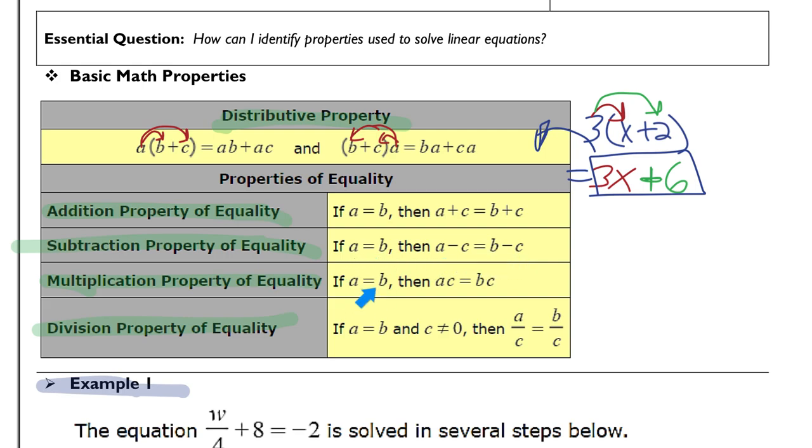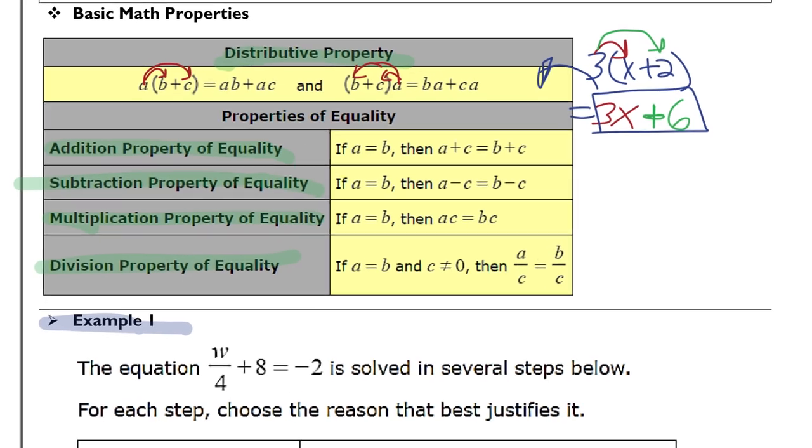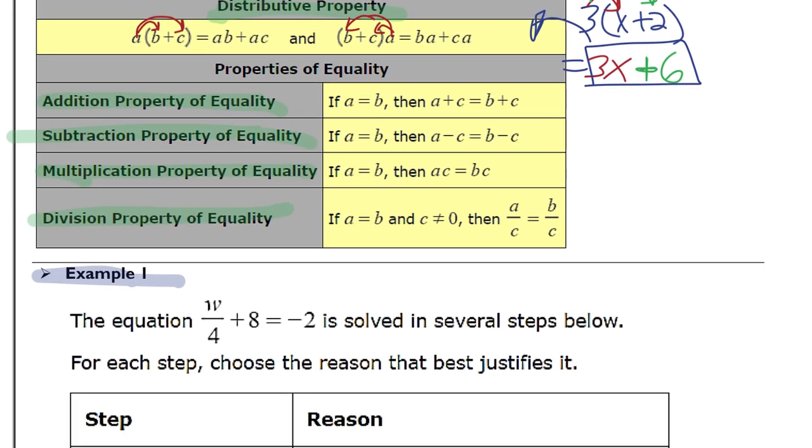Again, we're starting with a equals b, so we're starting with things that are all equal to each other, and then I'm either adding, subtracting, multiplying, or dividing to both sides. One thing about division is we cannot divide by 0, so c, or whatever your constant is, is not going to ever be 0, because otherwise that would be undefined in math.